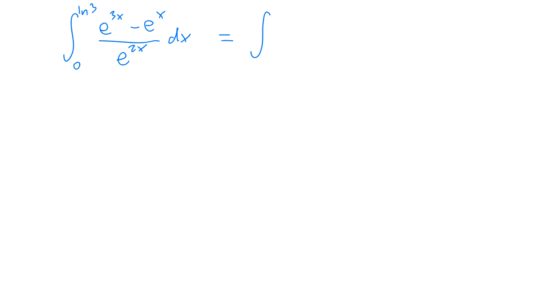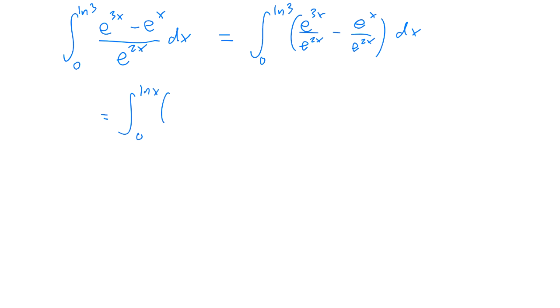The first thing I'm going to do is split this into two parts, as e to the 3x over e to the 2x minus e to the x over e to the 2x, just breaking up the fraction. Then I'll simplify each fraction. Subtracting exponents, 3x minus 2x is just x.